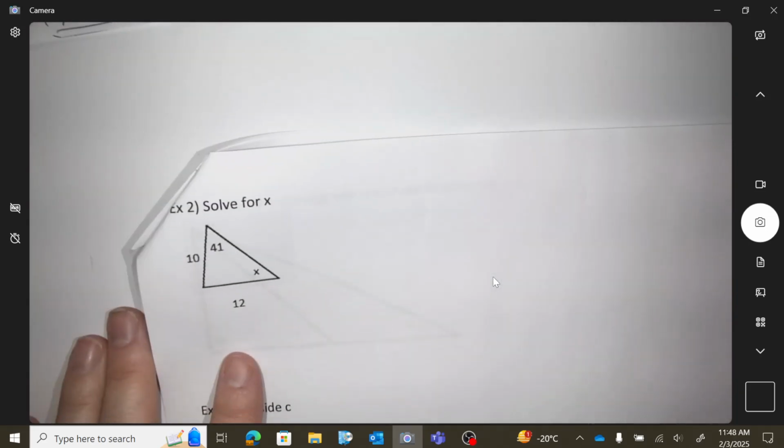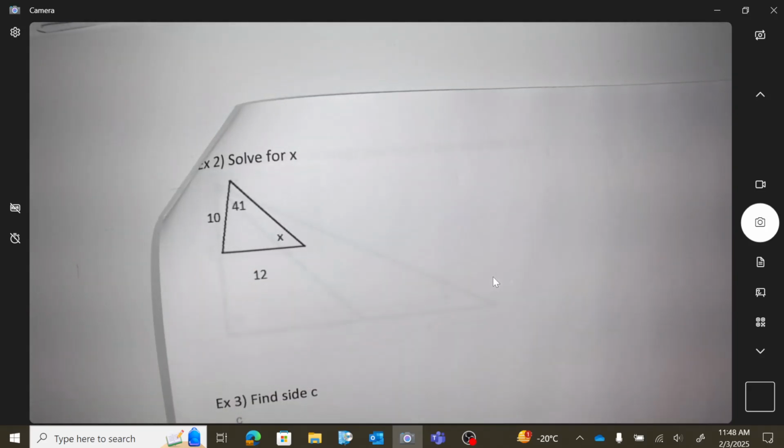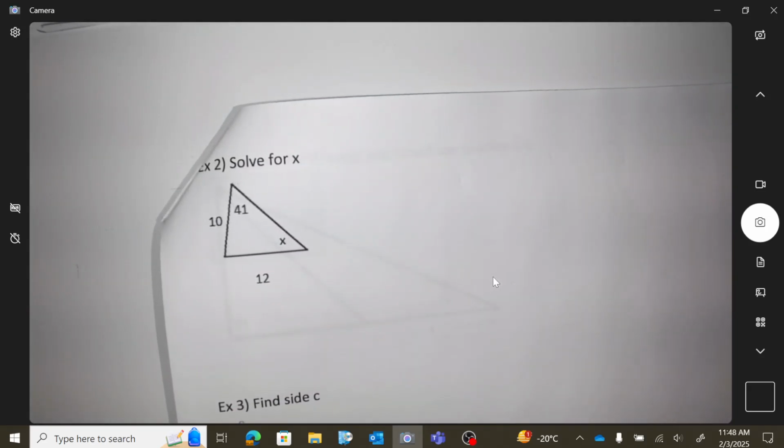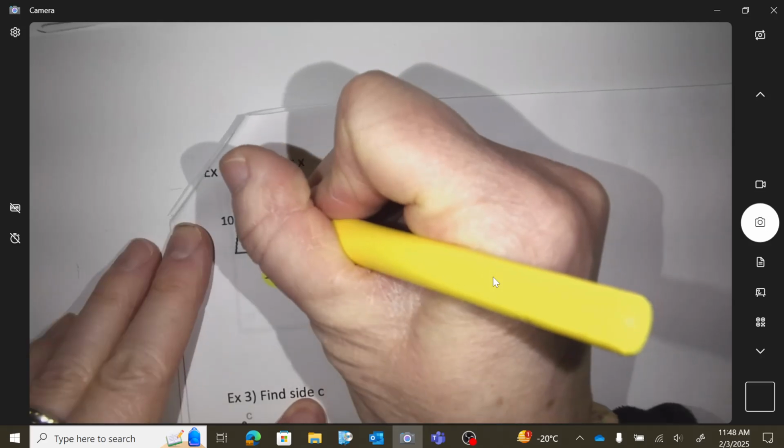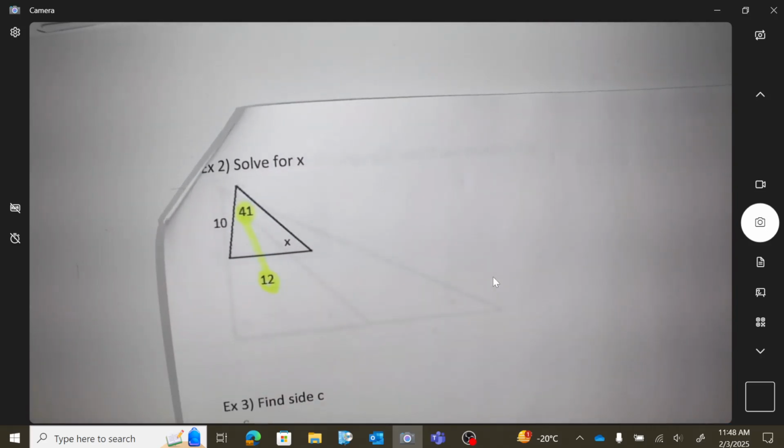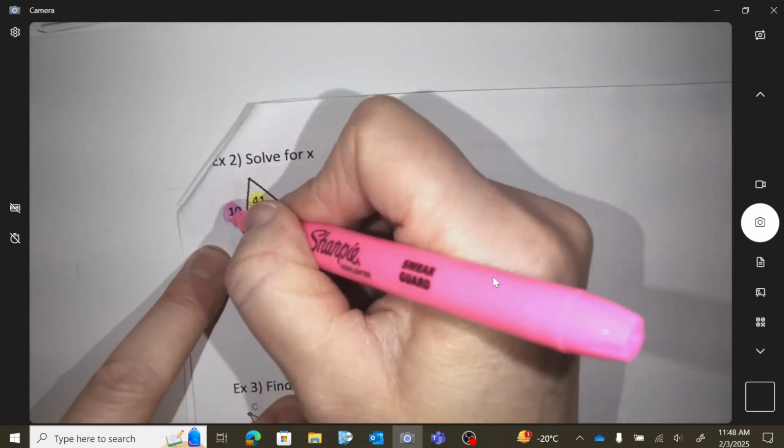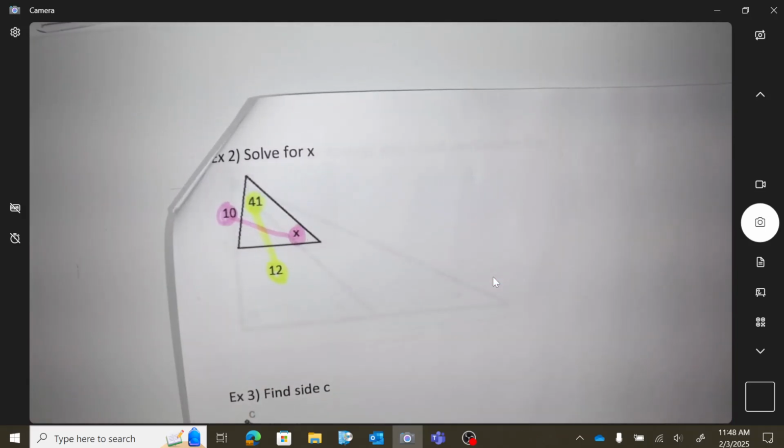Okay, 2 more and then we're done. So on example 2, I'm going to find those pair-ups. So 12 would be located across that 41. It has to be a side and an angle, right? Then if I'm looking for another side and angle, I found another one.